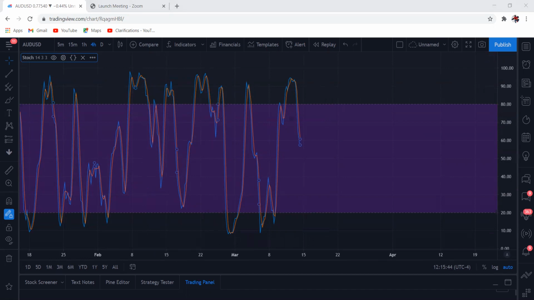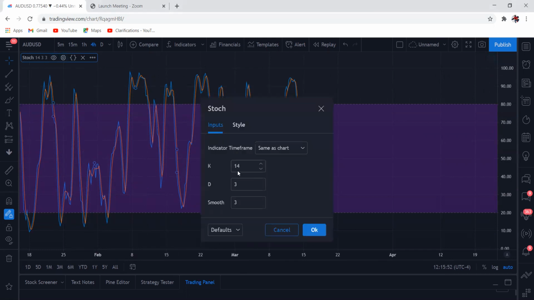In a strong trending market, you'll know you have a fast indicator based on the settings. Some typical settings for this are 3, 3, 5. That's very common: smooth 3, D 3, and then the K would be 5. The slow indicator would be the standard, which is what a lot of traders use, 14, 3, and 3.